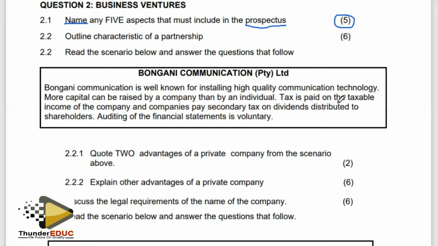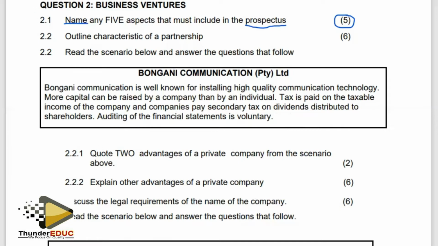Tax is paid on taxable income of the company, and the companies pay secondary tax on dividends distributed to shareholders. It is a disadvantage. Auditing of the financial statements is voluntary. That is very important. It is an advantage.